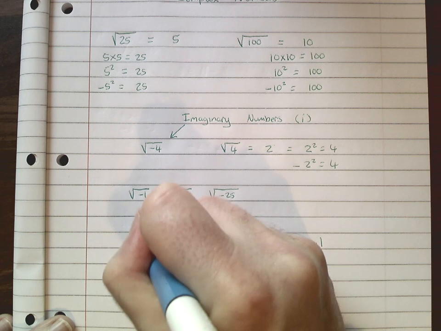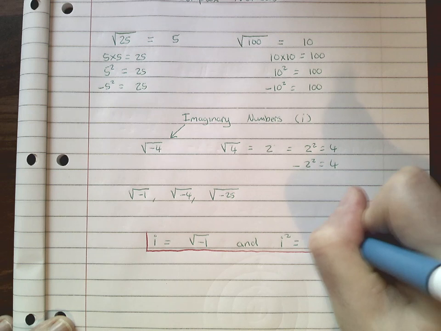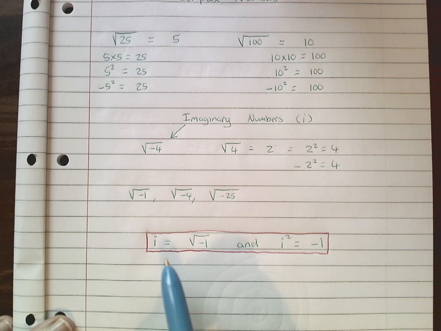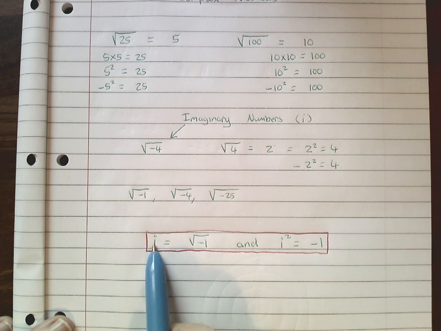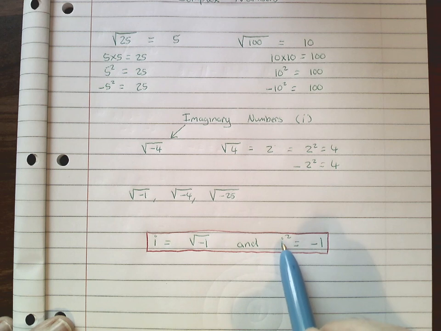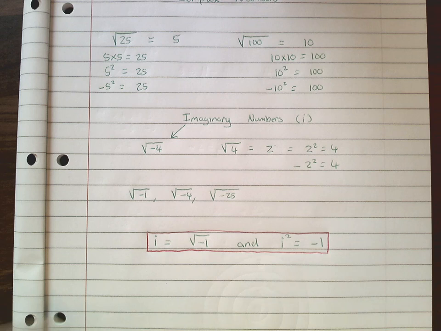So this rule is very, very important. When you see i, it means the square root of minus 1, and if you square it, it is equal to minus 1.